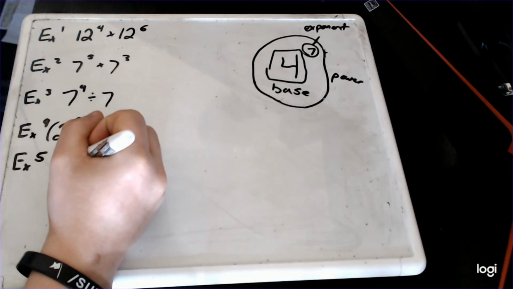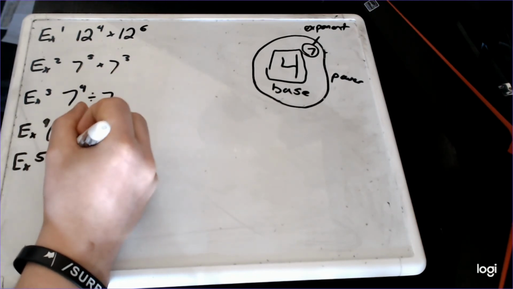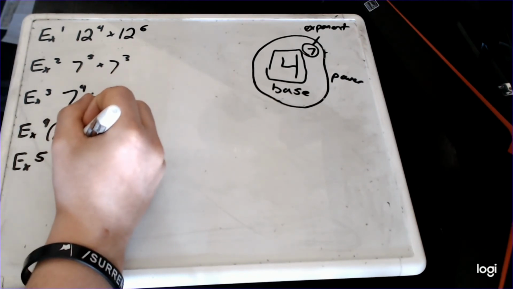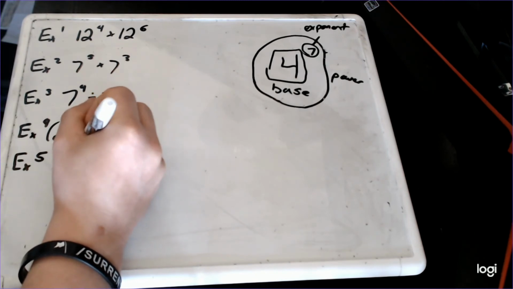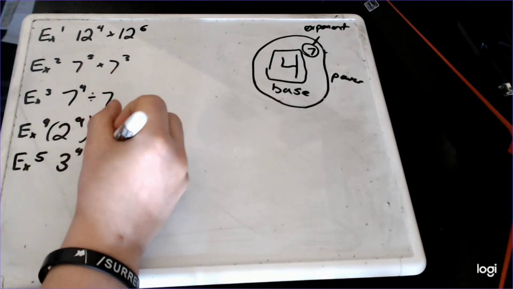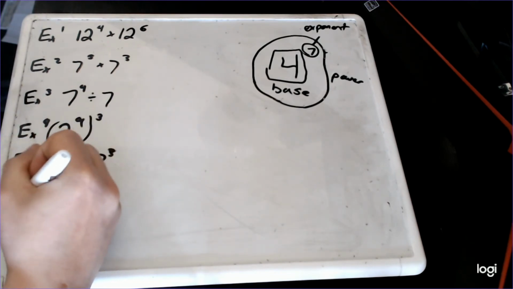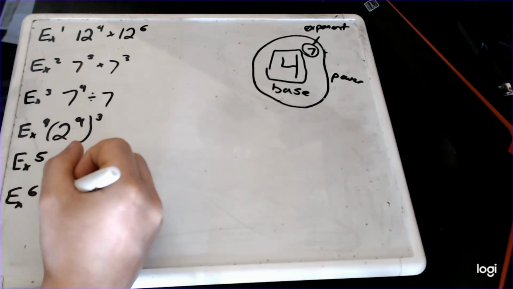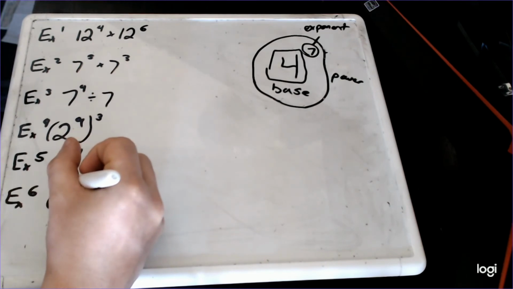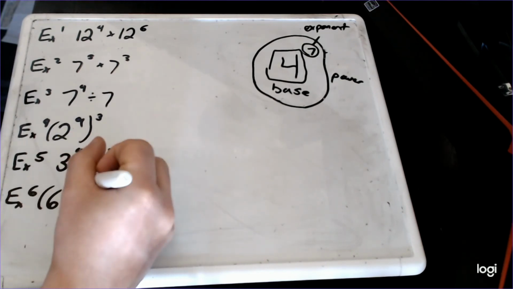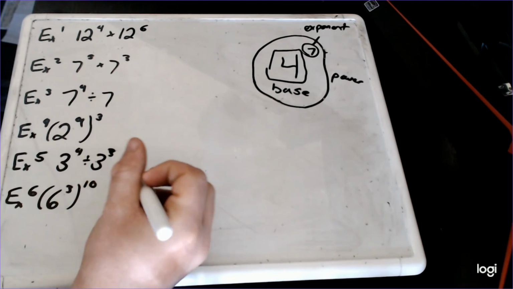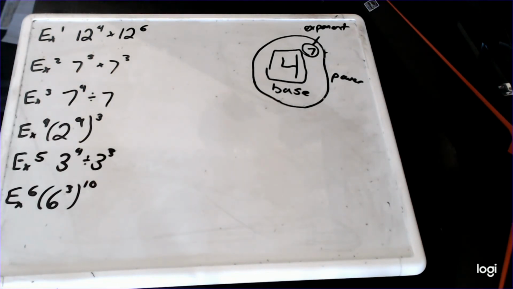Then we got some power of a power, and we're going to jump back to some division. Okay, so it's at this point that I'll ask you to pause the video and do this at your own pace, and we'll come back in just a minute.